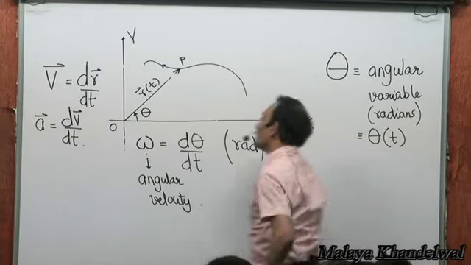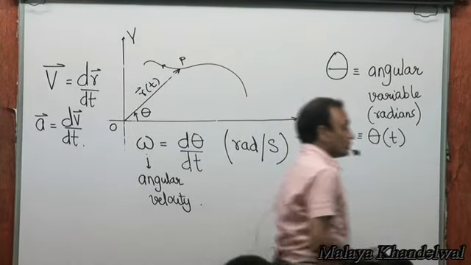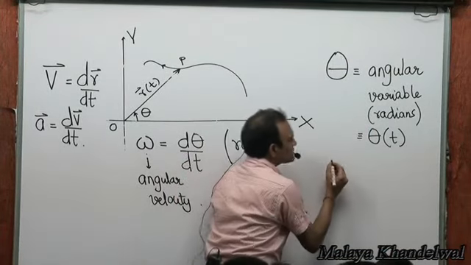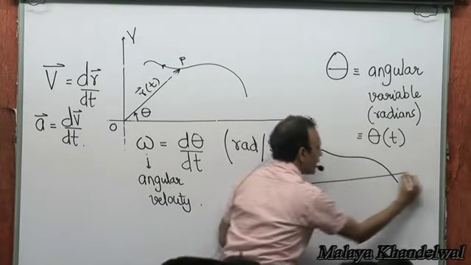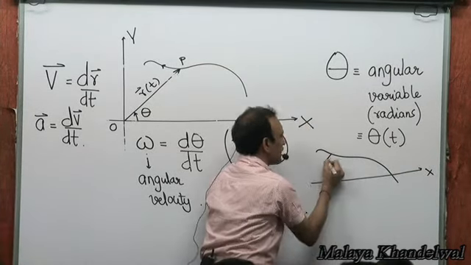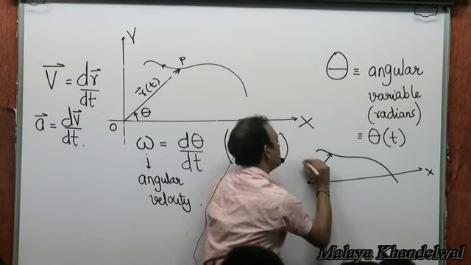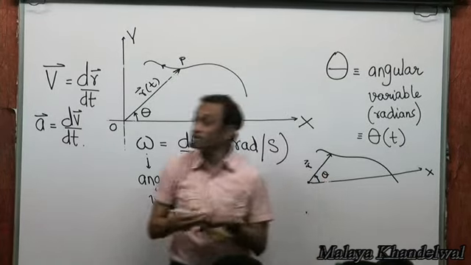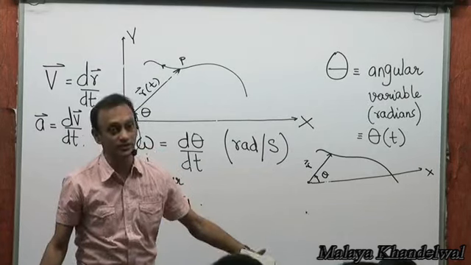Now, the theta that you see here, say if this is the trajectory of the particle, even though I've chosen this as the x-axis and this is the position vector of the particle, theta is measured with respect to the positive direction of the x-axis, but need not necessarily be.